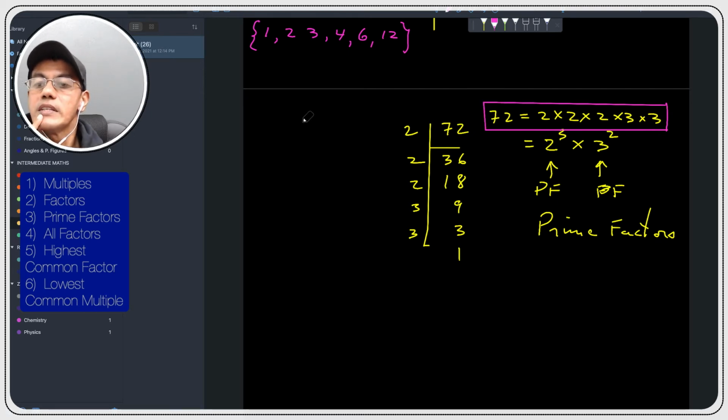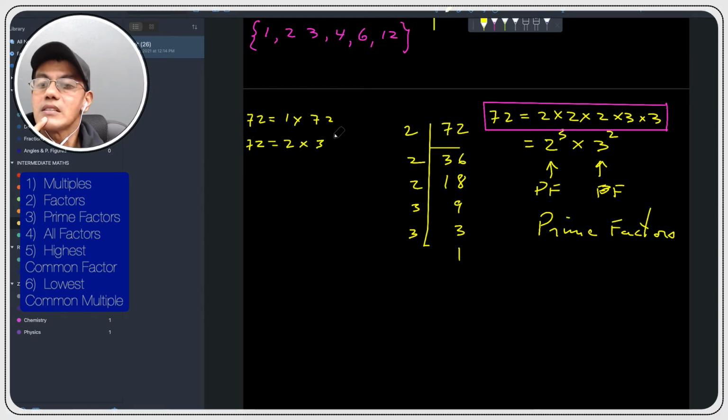Right, so let's do this. So we can say 72 is equal to 1 times 72. And notice I'm doing this systematically. Then I'll go 2. 72 is equal to what? 2 times what? 2 times 36. Look, it's right here.